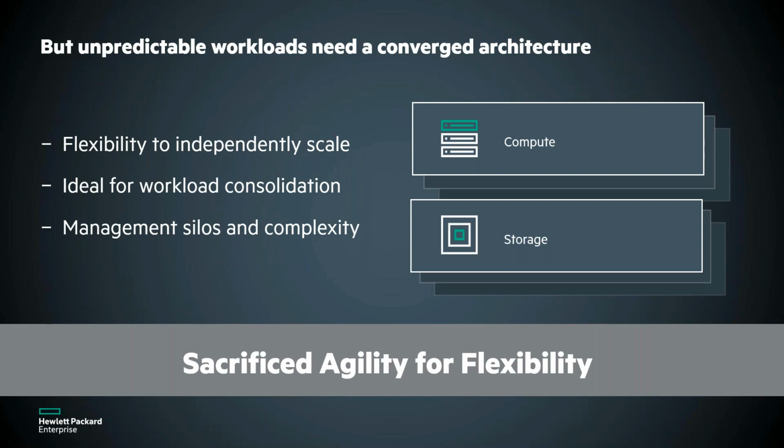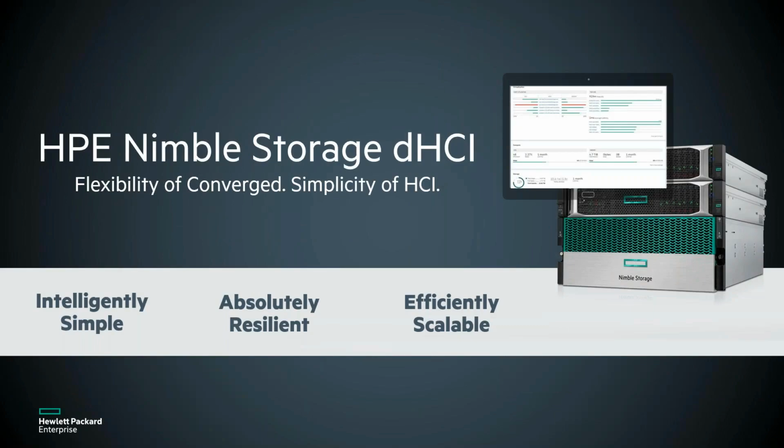But what if I ask this question? What if you can have the simple hyperconverged experience for unpredictable workloads, where you can gain control from a hyperconverged infrastructure, but add this to a scalable converged infrastructure? And this is where we come along. So this is Nimble dHCI.